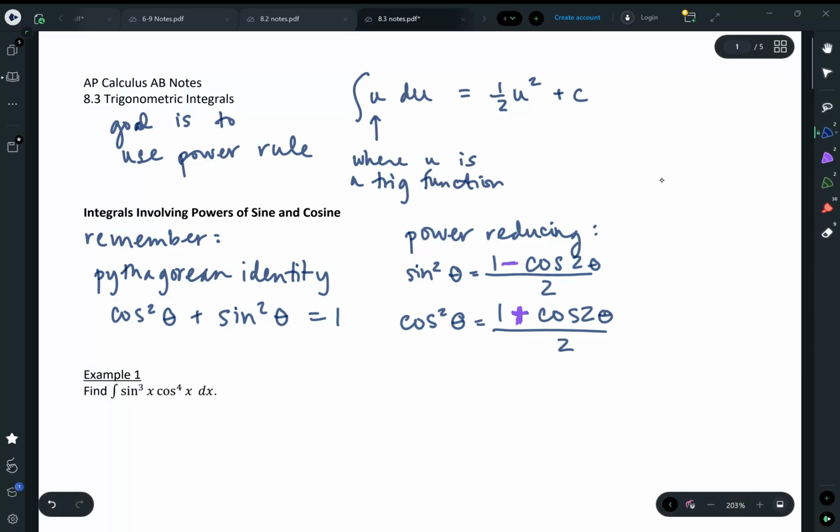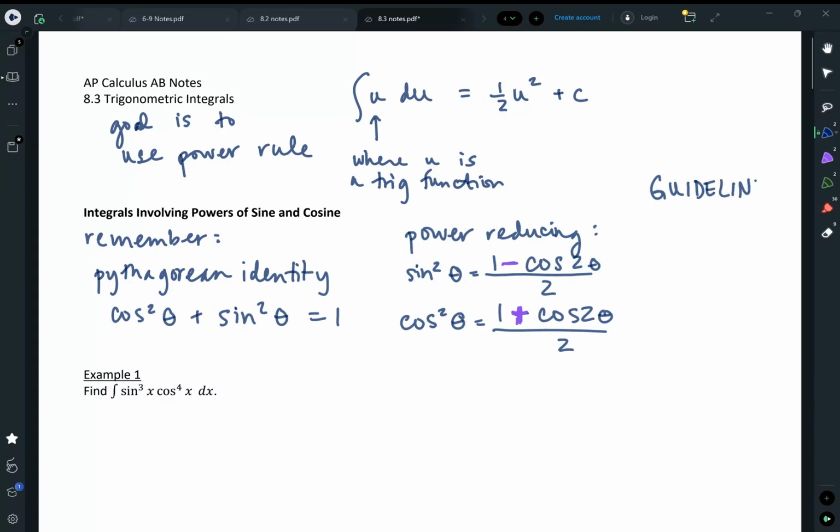So our basic guidelines here, if you remember from before, if there's an odd power, we're going to want to change the odd power, but we have to save a factor.